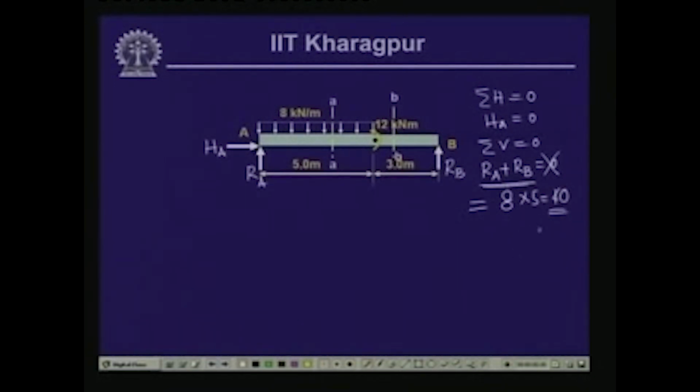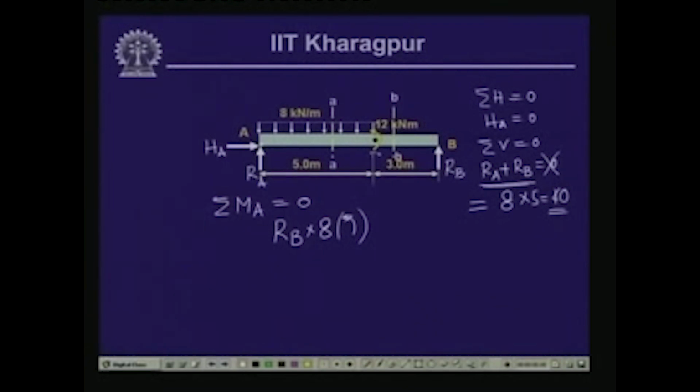Now, we need another equation for evaluating these two unknown quantities RA and RB. If we take the moment of all the forces with respect to this point A, summation of moment with respect to A equals 0. So, RB into 5 plus 3 is 8 meter, which is acting in an anticlockwise direction.